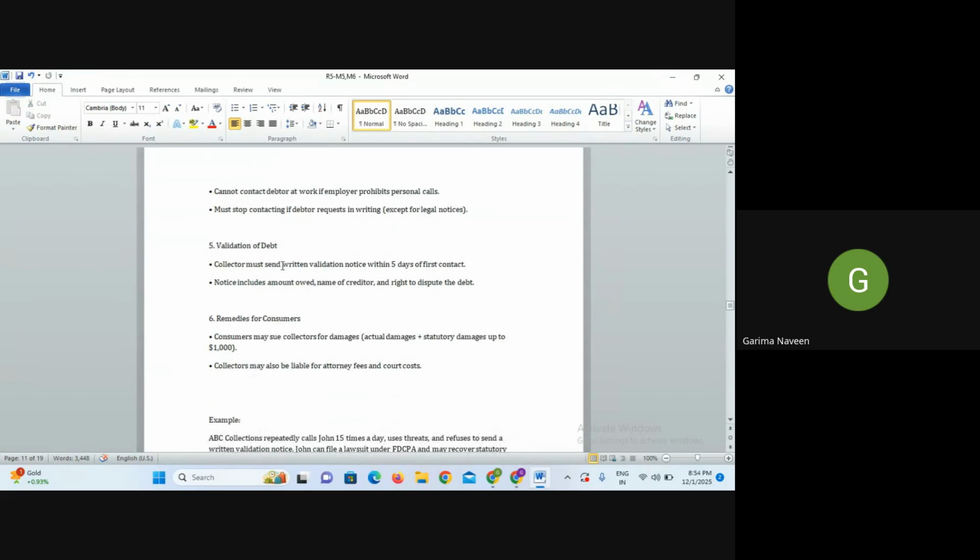Validation of debt: the collector must send a written validation notice within 5 days of first contact in order to recover the amount. The notice includes the amount, the name of the creditor, and the right to dispute the debt.